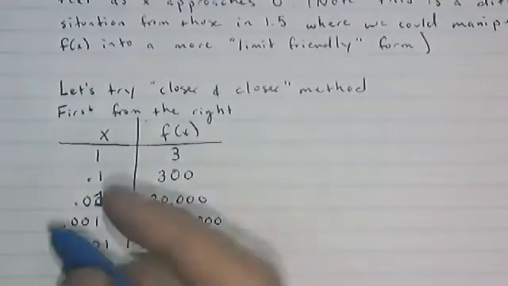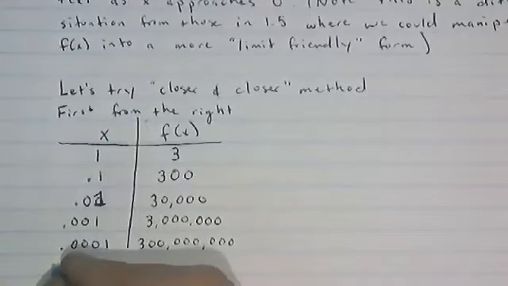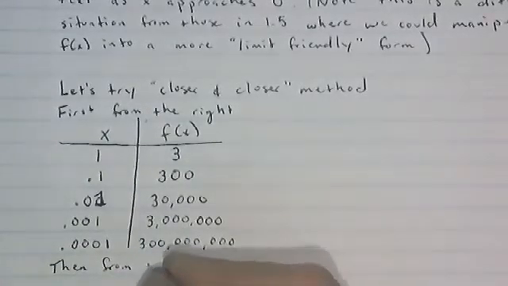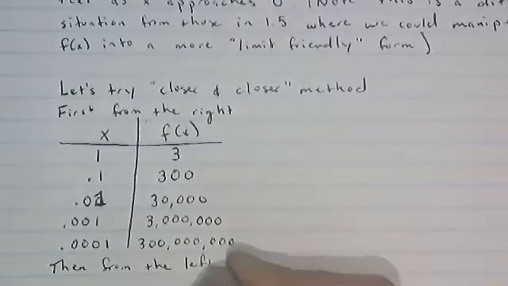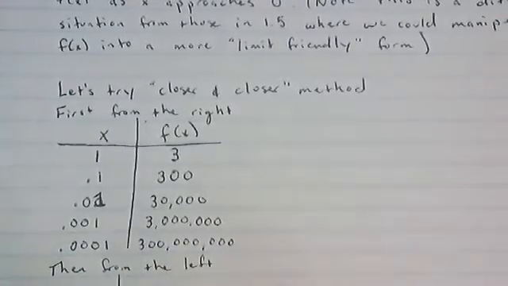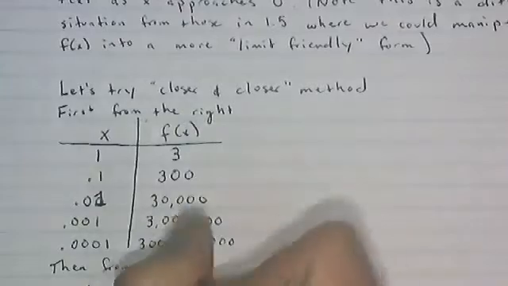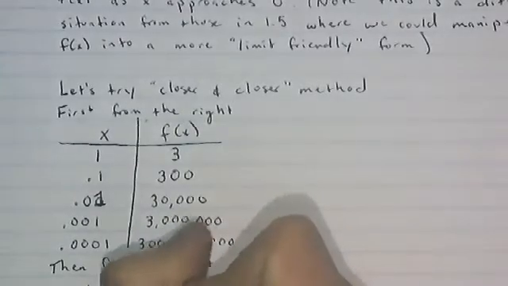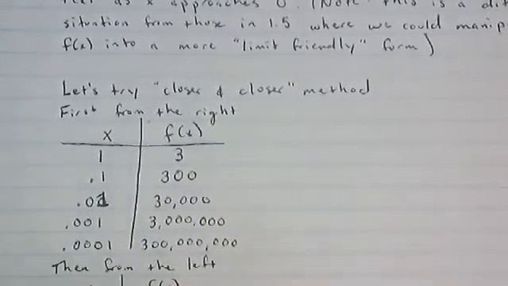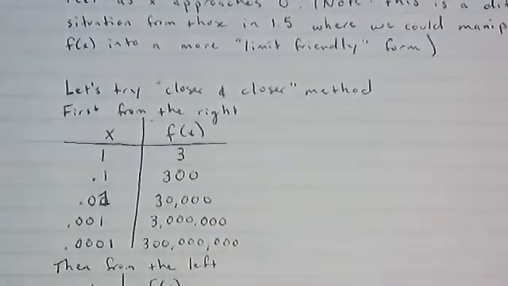Well, let's look from the left then. See if we see the same behavior. We're going to use different values, but we're going to see that the function gives us the same values.